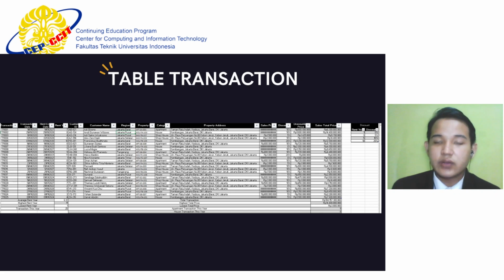For a rent year of 3 years or more, it's 5%. For a rent year of 5 years or more, the discount is 10%. And for a rent of 10 or more, the discount is 20%. So the discount is referred from the rent year and the upper right table.